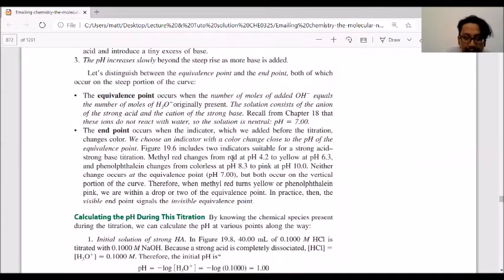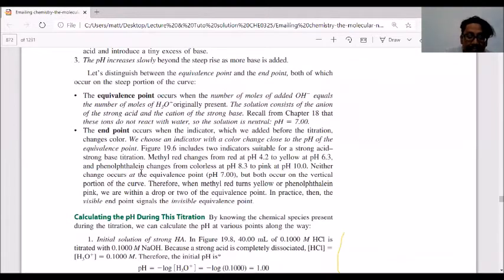Methyl red changes from red at pH 4.2 to yellow at pH 6.3. Okay, it is narrow here. Phenolphthalein changes from colorless at pH 8.3 to pink at pH 10.